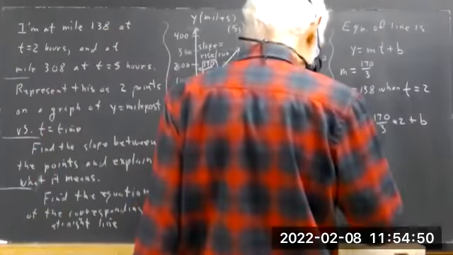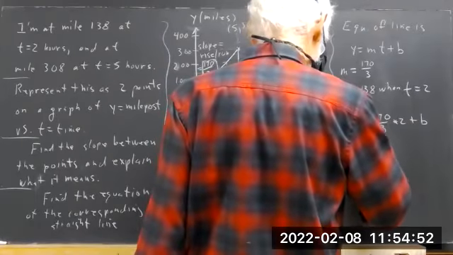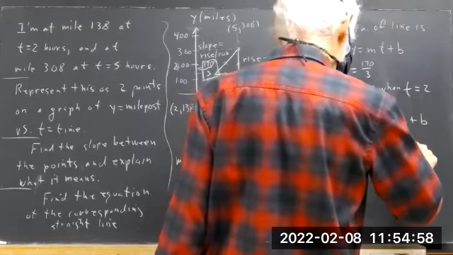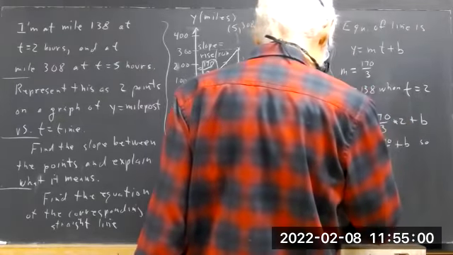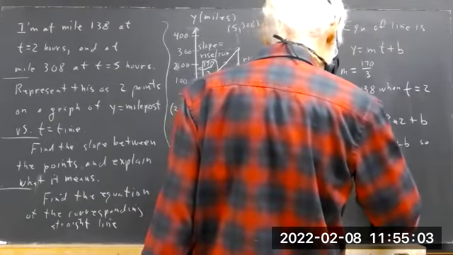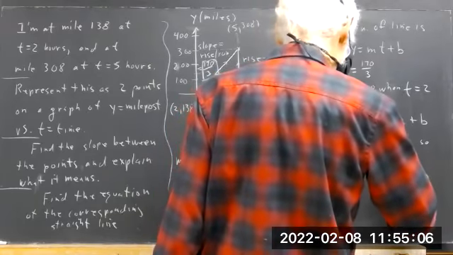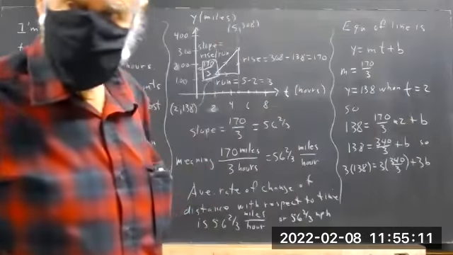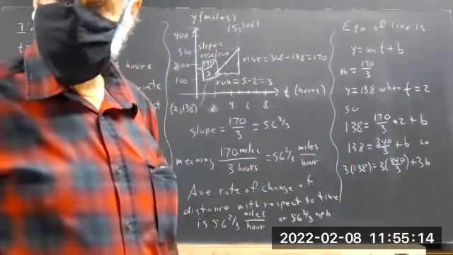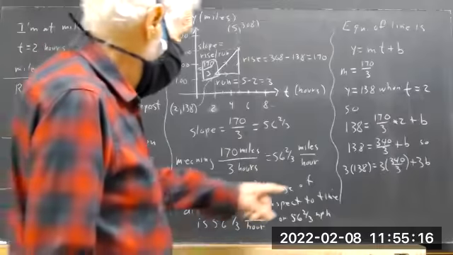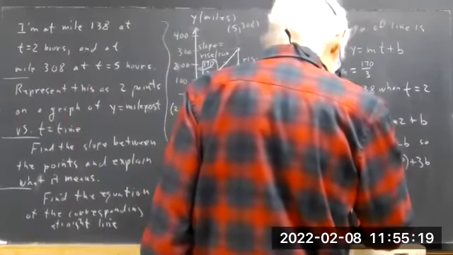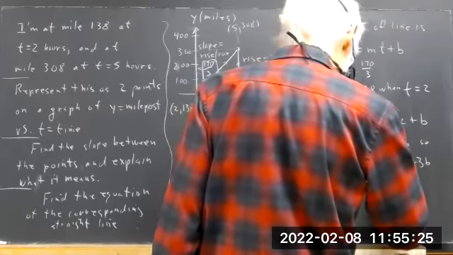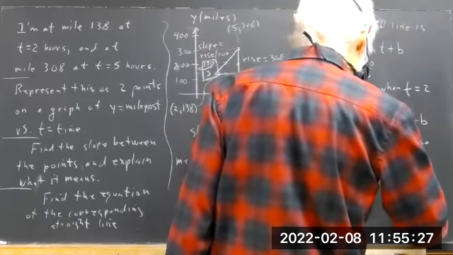I don't want to deal with fractions. Multiply by a common denominator, there's only one denominator. And I get 324, which is 414, I think, equals 340 plus 3b.